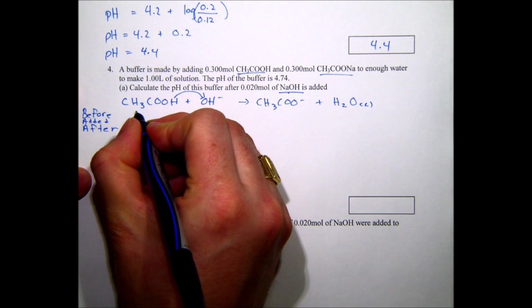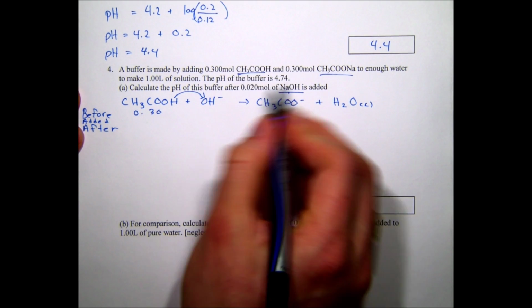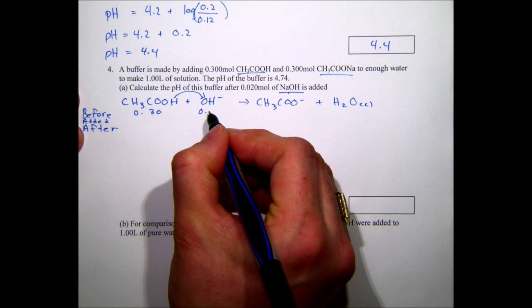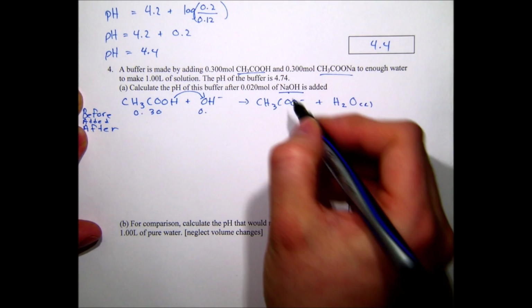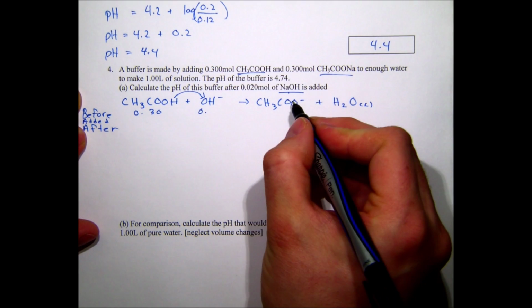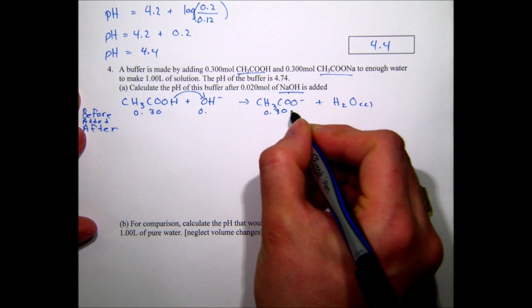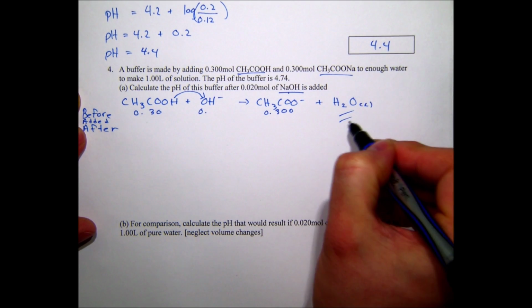So before I had 0.30 moles of this. I had 0.0 before I added anything. And I had 0.300 moles of this. And the amount of water is just irrelevant here in all three lines.